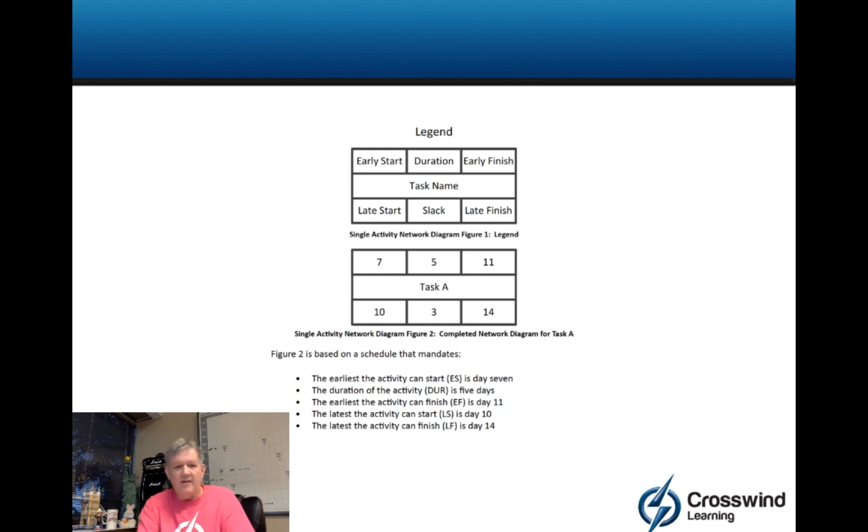And, again, if you want to count horizontally on your fingers, 7, 8, 9, 10, 11, 10, 11, 12, 13, 14, going left to right or right to left. And then vertically, you could subtract: 7 from 10 is 3, 11 from 14 is 3. So that's how you attack the box, if you will.